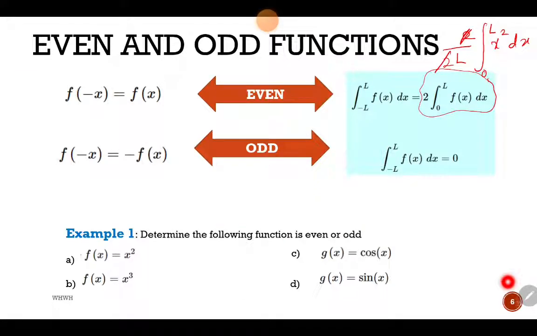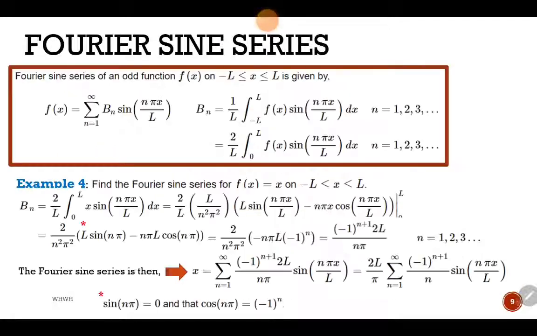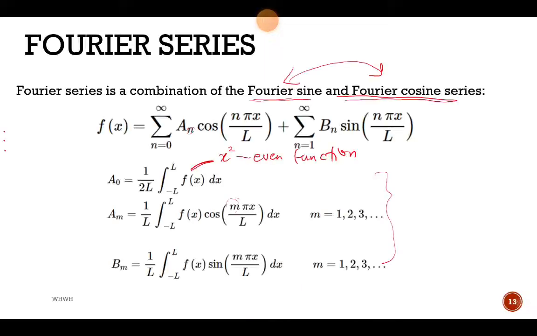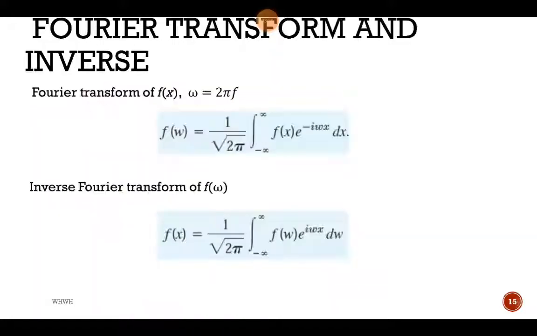So dia jadi 2 over 2L pangkah 2. 2 dapatlah 1 over L in this equation. Alright, so hopefully jangan confuse. So sekarang kita akan go through example 6.